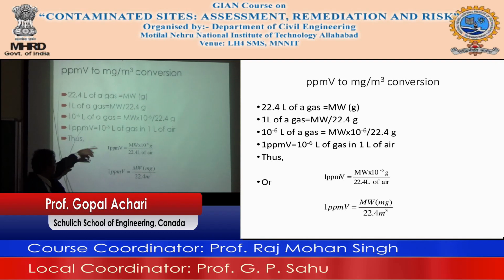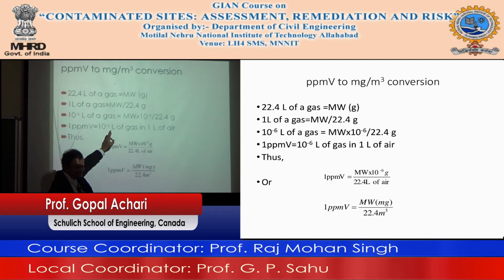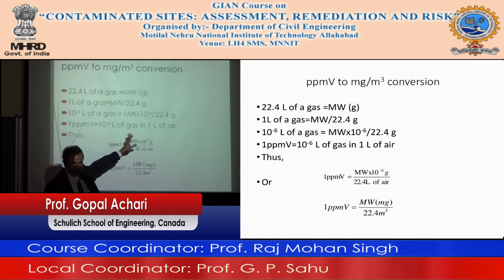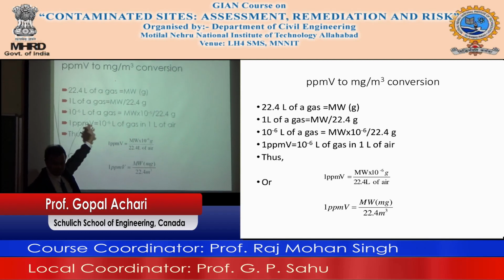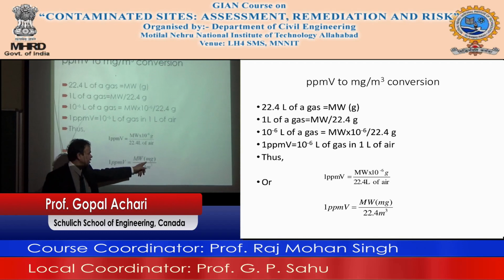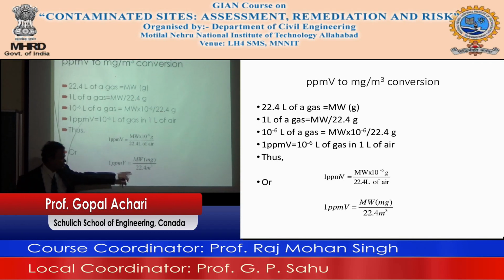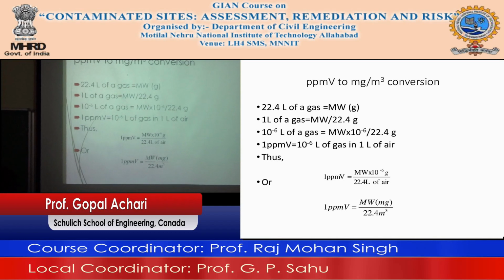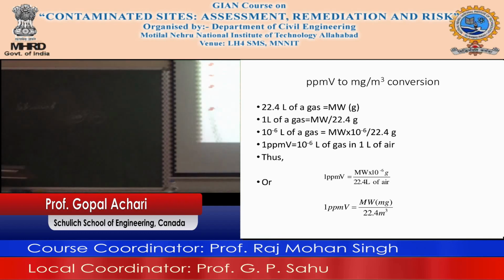Go through this. So 1 ppmv is 10 to the power minus 6 liters in 1 liter of air, right? That's what the definition means, 1 in 10 to the power 6. So this is what it translates into. 1 ppmv is molecular weight by 22.4 milligrams per meter cube.